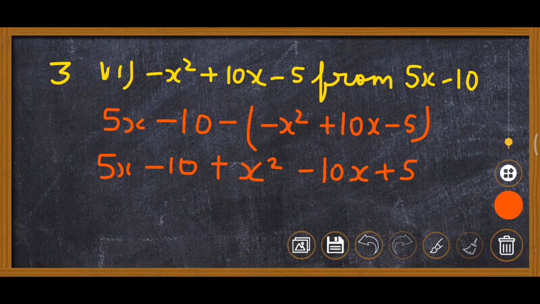Now here you can see x square, then 5x and 10x will be subtracted, then minus 5x, then minus 10 and plus 5 will be subtracted, then minus 5. So the answer is x square minus 5x minus 5.